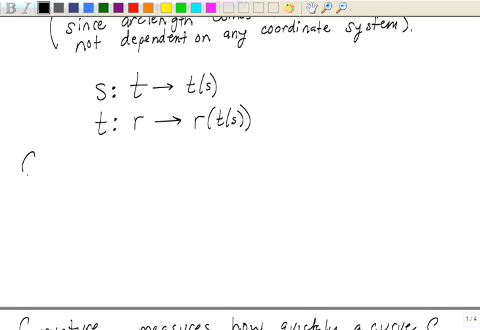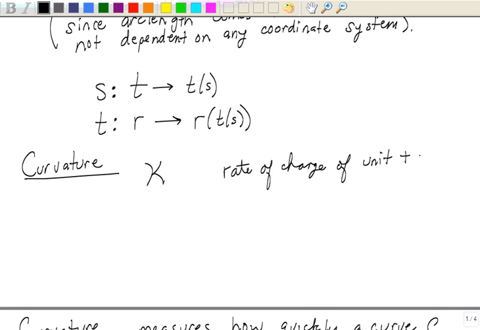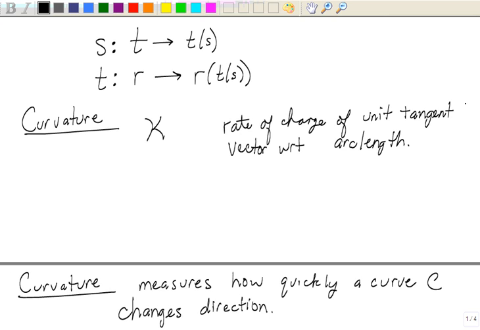So let's go back to curvature. We're going to denote it by kappa, and it is the rate of change of the unit tangent vector with respect to the arc length. That's why we need to define a new function s, which is the arc length function. So kappa is dT over ds.